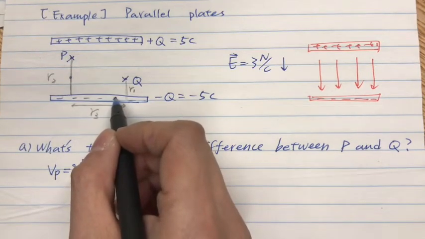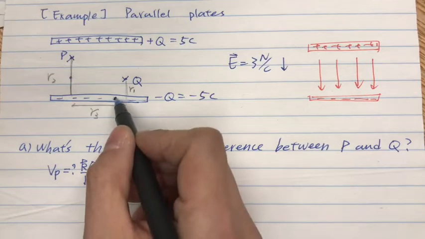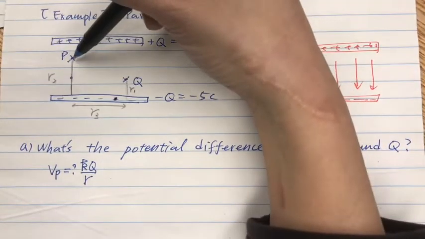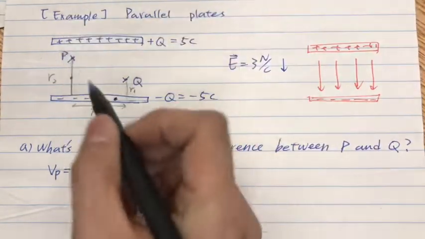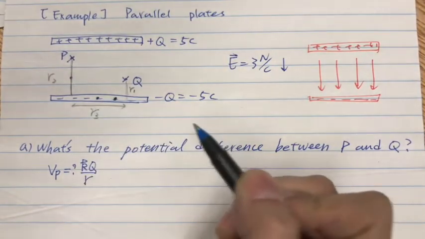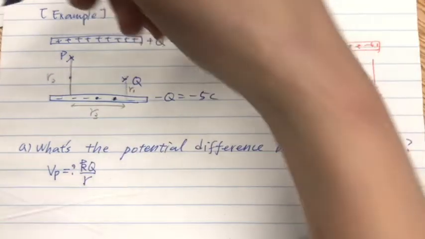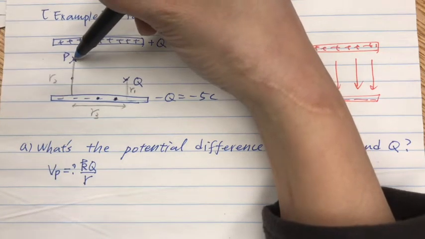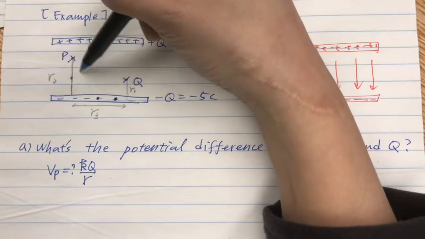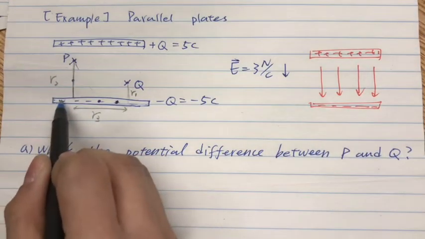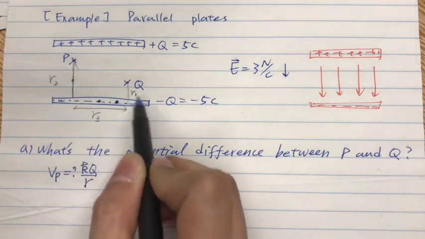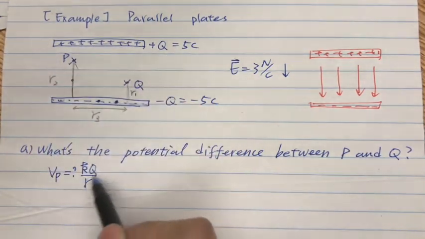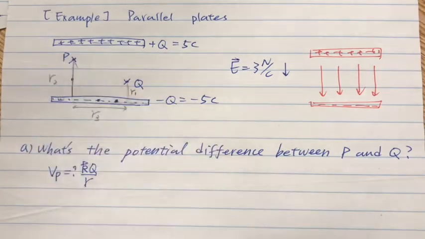So this provides a potential which is KQ, where Q is the charge of this specific charge, with the distance R. However, we could have another charge here, let's say this electron, and it will also provide a potential at this point P with the R, which is like this. So you can see I could have different charges across this plate, and the same here, and all of them carry different R.